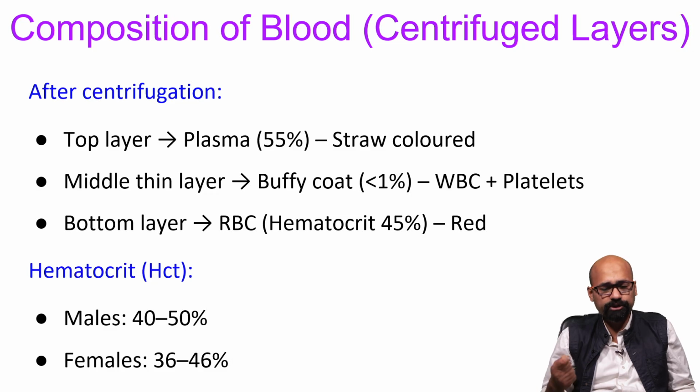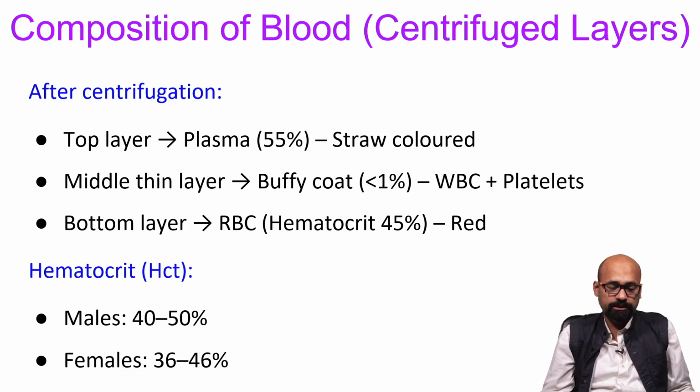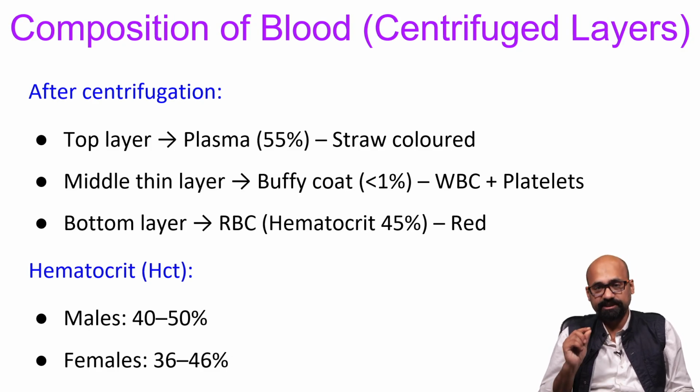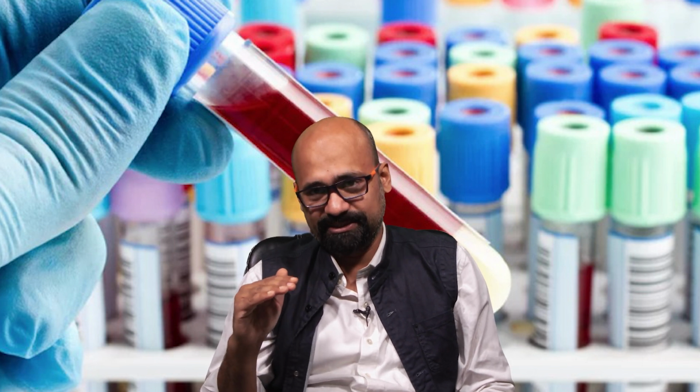If you centrifuge the blood, the different components of the blood are separated in different layers. The topmost layer is the plasma, which is 55% and straw colored. The middle thin layer is the buffy coat, less than 1% of it. It has the WBC and platelets.